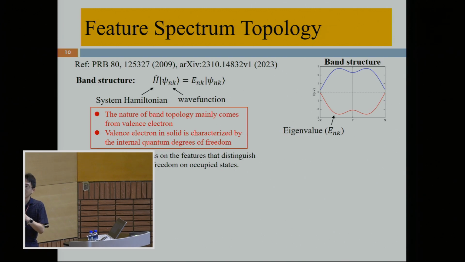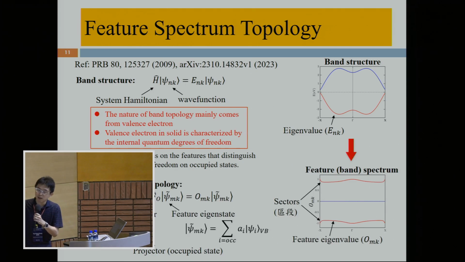This is why we calculate the topological invariant number in the typical process from the valence band structures. Therefore, we can formulate our feature operator by projecting an arbitrary quantum operator onto the occupied states. And this operation will partition the Bloch wave function into distinct sectors. The eigenvalues of the feature operator we call the feature spectrum or the feature bands.